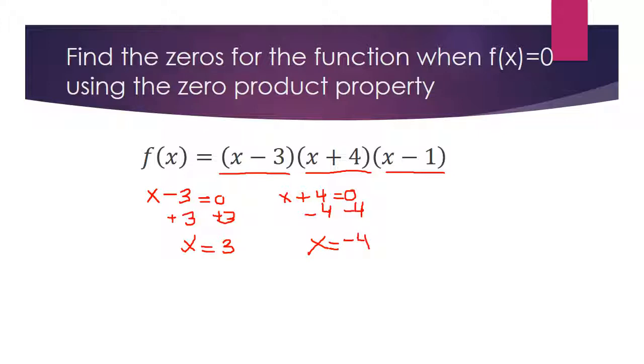And when I have x minus 1 equal to 0, that means I can add 1 to both sides and I'm going to end up with 1 as the final zero for this cube function. So the solutions for this cube function are x equals 3, x equals negative 4, and x equals 1, which are identified on the sketch of the cube function.